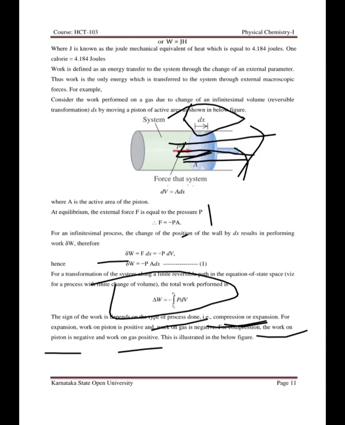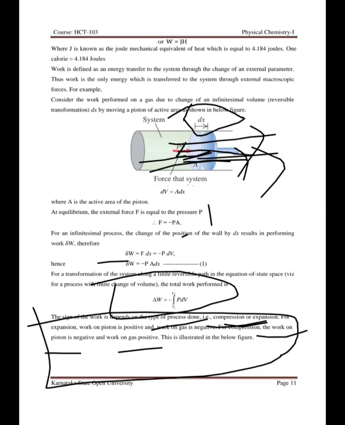Understood, sir. So if the piston is coming inside, it will be negative, and if the piston is going outside, it will be positive. So it is the opposite of the work done. It is in the last paragraph, you go through this.